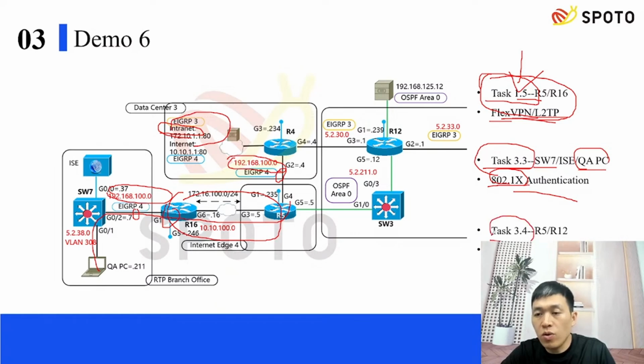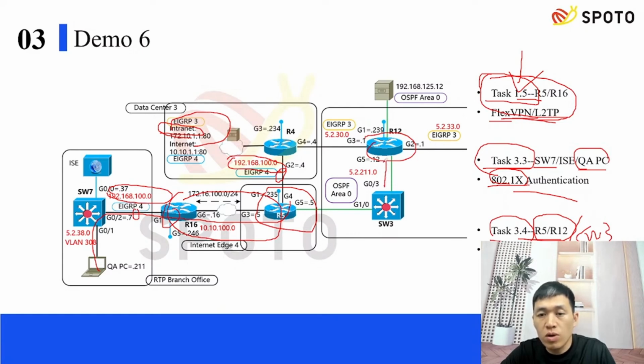And task 3.4 is about dynamic ARP inspection, and it's almost the same as the task in the last version. Still configure on switch 3. Oh, here we missed switch 3. Okay. Switch 3 is between router 5 and router 12. Okay, here there is another difference.